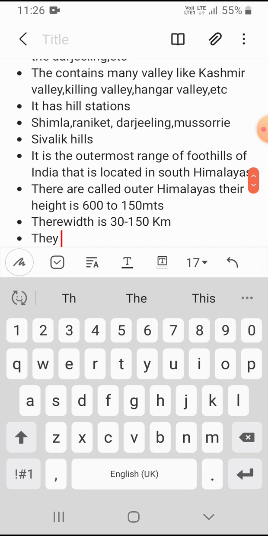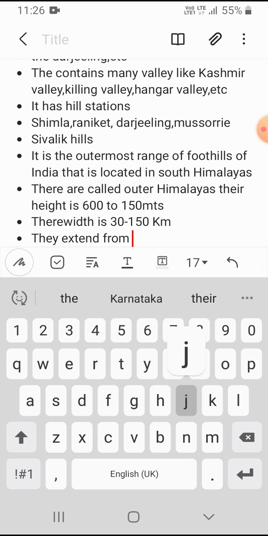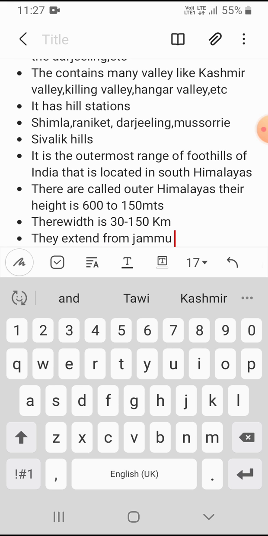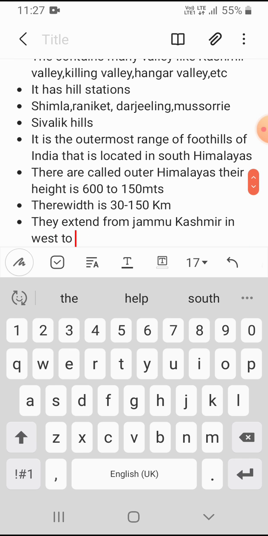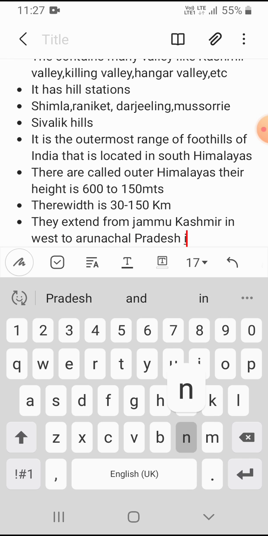They extend from Jammu Kashmir in the west to Arunachal Pradesh in the east.